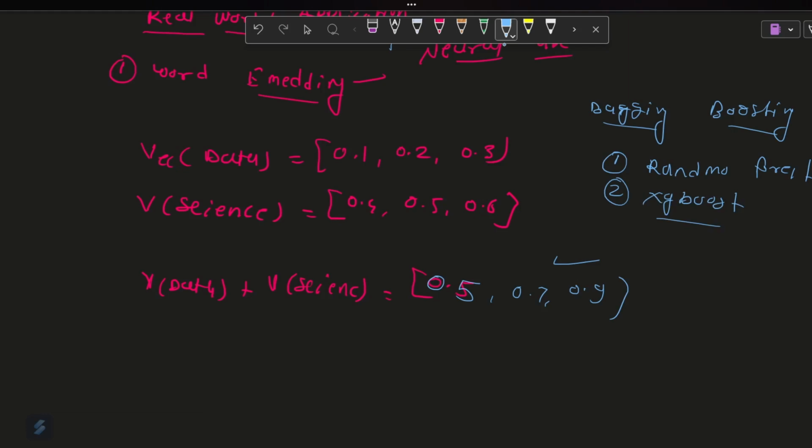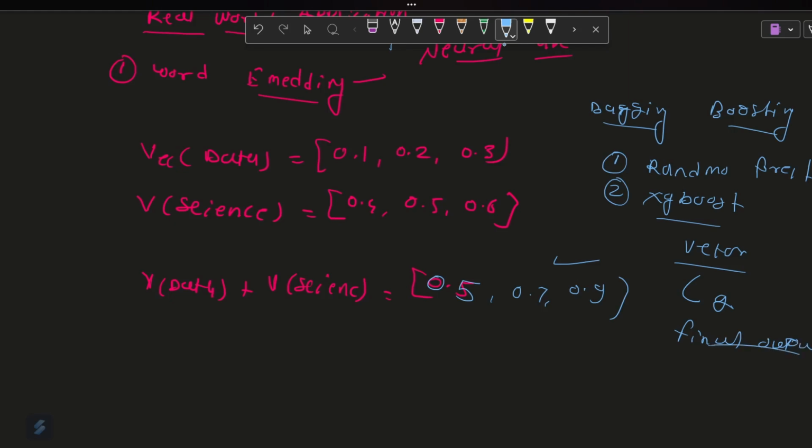They train models, and every model gives its own output. In that particular case, you simply use vector addition of all the outputs and give a final output.